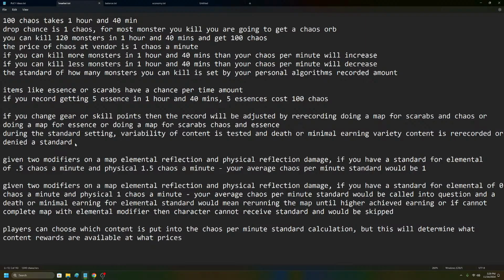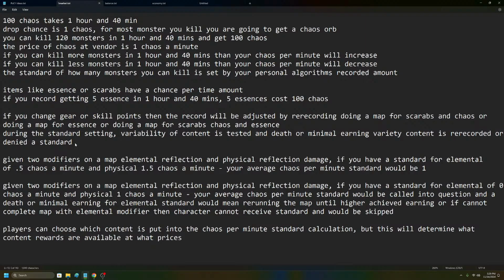So once you have this 0.5 versus 2 Chaos Orb standard, if your standard is 1 Chaos Orb, that means the resonators are at the price that they should be at if you're doing Delve on average just like everyone else is.